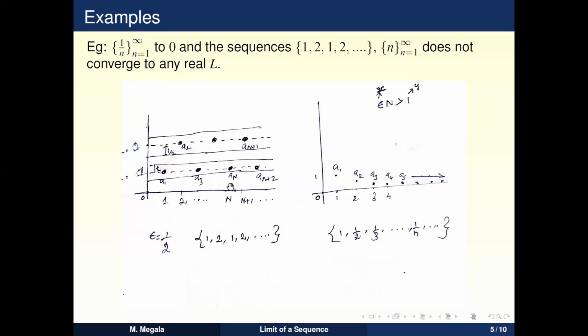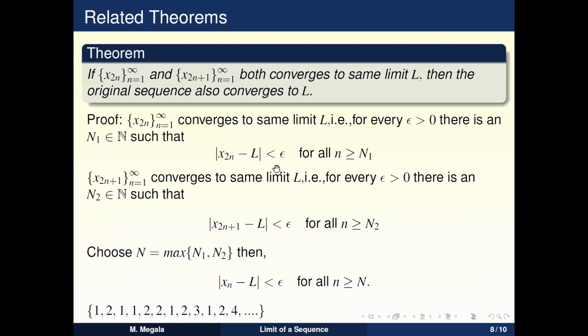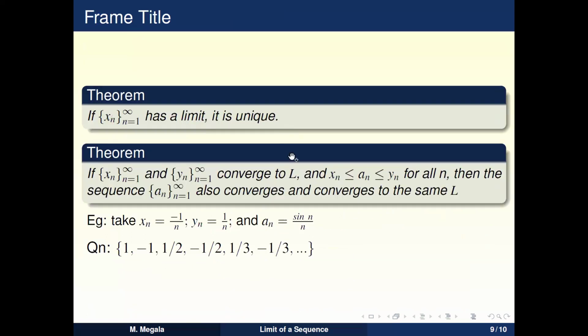So after some n, all these xn's are inside this neighborhood. I can take the bigger of n1 and n2 as we did before. The same fixed real number xn would be in two different neighborhoods. How is it possible? It is not possible. It is possible only if they are the same. So the neighborhood is the same only if L1 and L2 are the same.